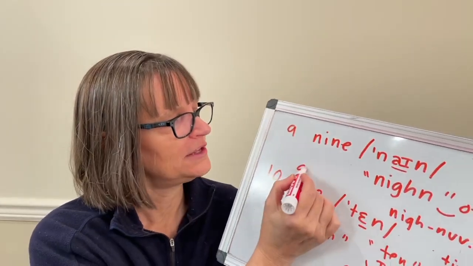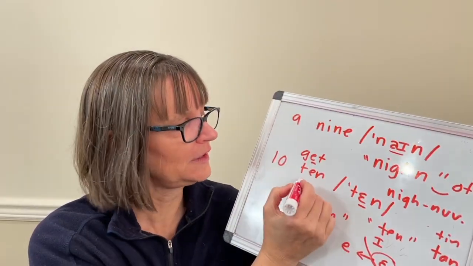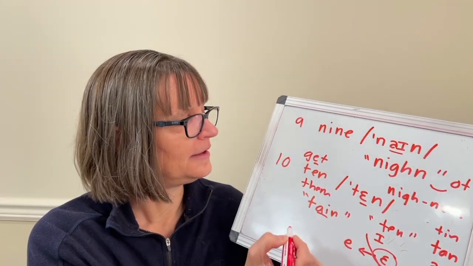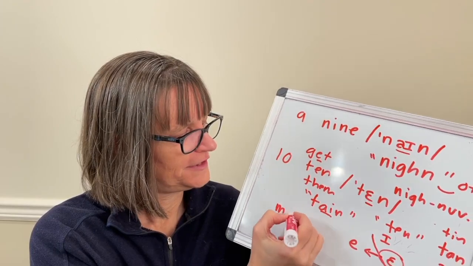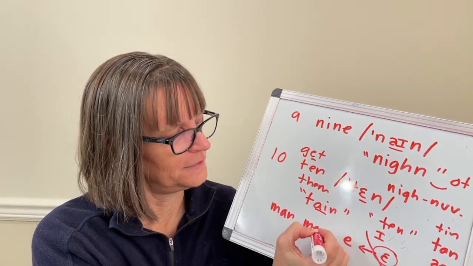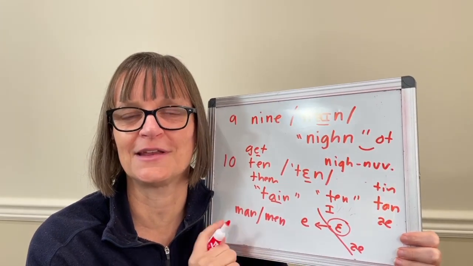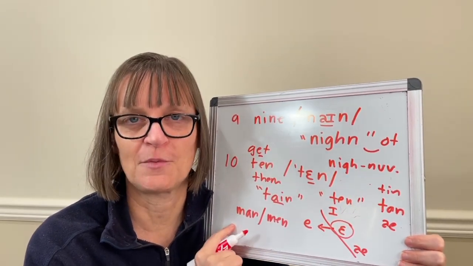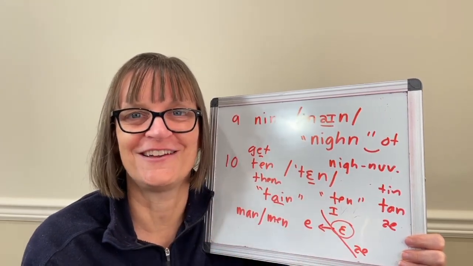You might want to use another word like get 10 of them, and that can help you as well. I do have several videos for man versus men. This is one of the places that this vowel contrast really plays out and is key. So you might want to check that one out for help with 10 and also just to be more solid on these vowels.